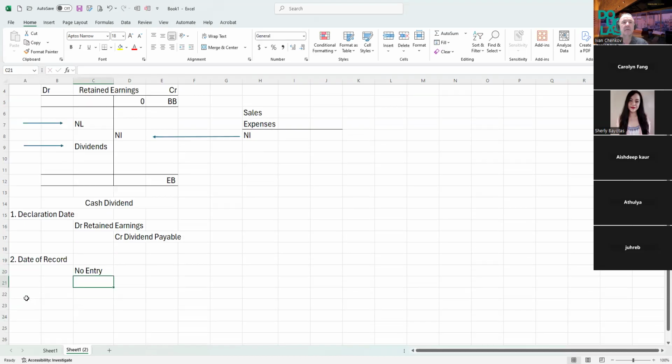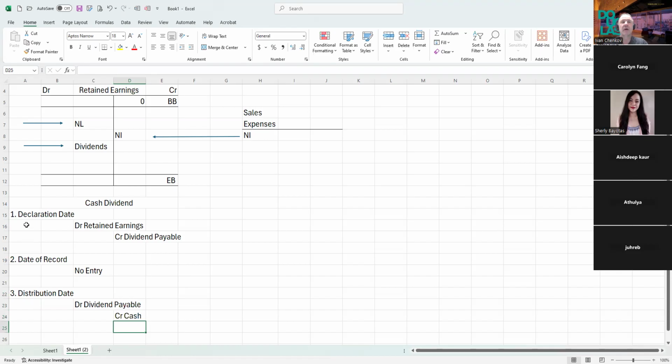Last date, the distribution date, or payment date, depending how you want it. Then we debit dividend payable, and the credit comes from cash.